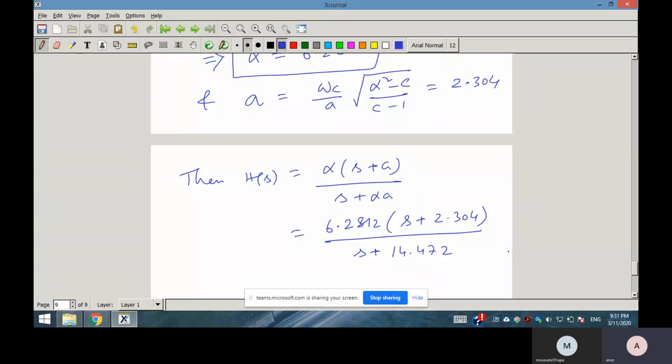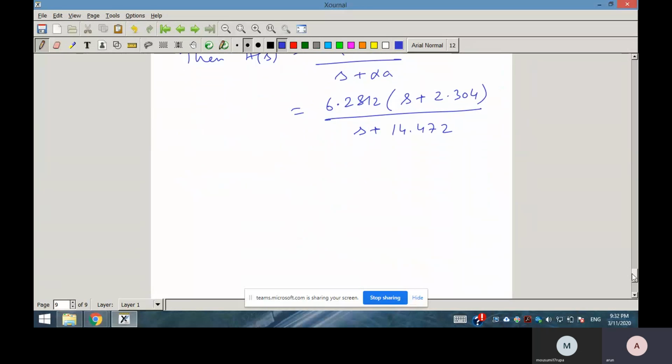Now the question is how to realize the PD controller in an analog fashion. Suppose we have a given problem and we have determined your A and alpha. How to implement this transfer function?